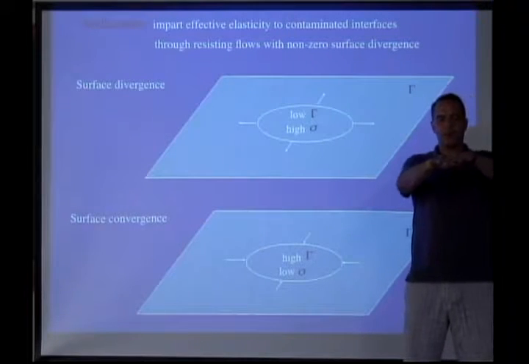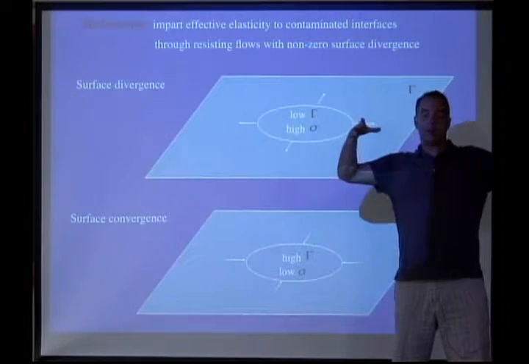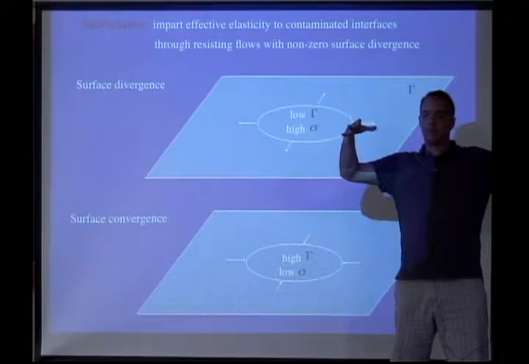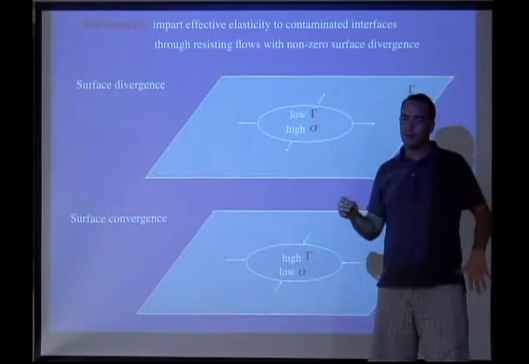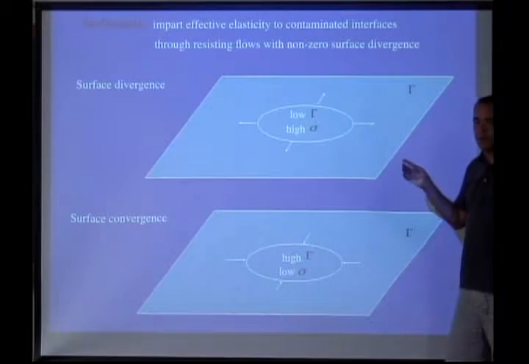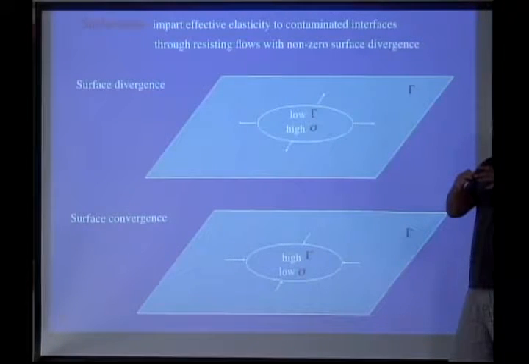If you have a clean interface, you have a jet coming up and causing there to be surface divergence. That's not changing the surface energy at all, right? So the system doesn't care. But if there's surfactants present, then they do care. And any motion with non-zero surface divergence is going to be resisted by the presence of surfactants.